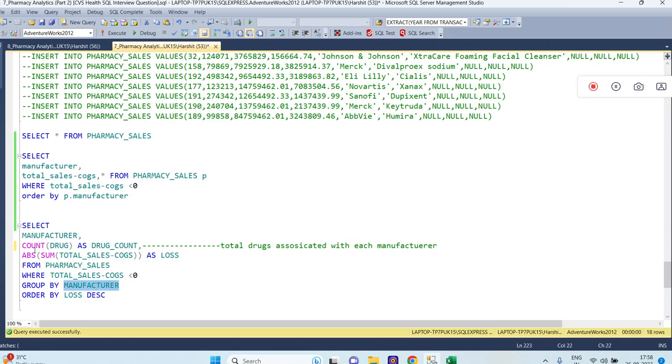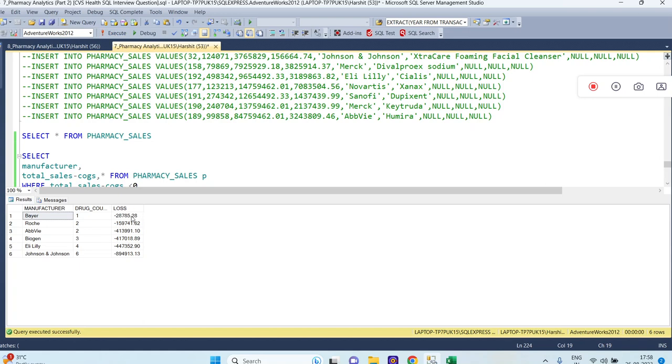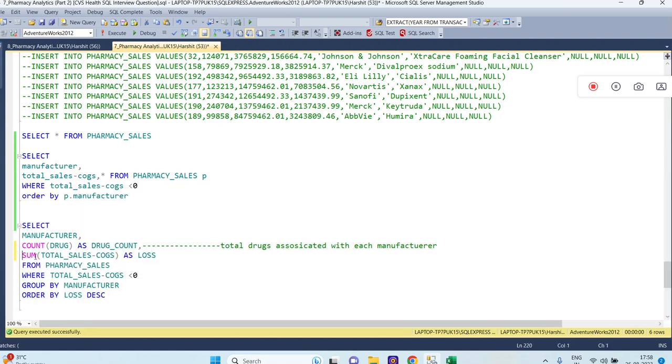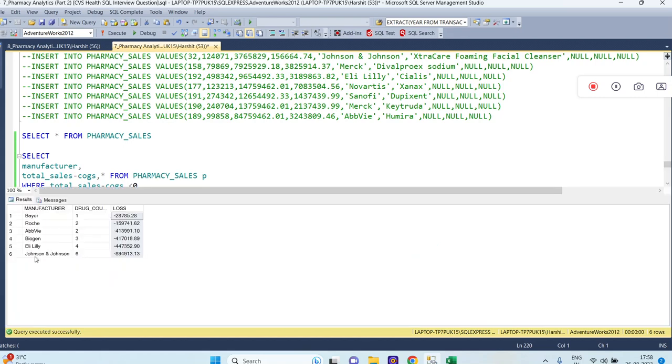And now what we have done: count of drugs, and then sum of total sales minus costs. If I am not using the absolute value over here, then let me show you what it gives. It is giving the data in the minus, but now we require the positive side only, right?